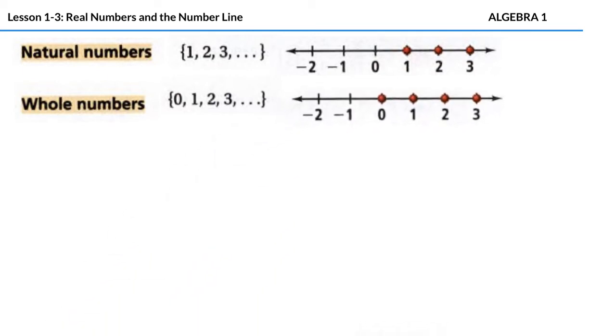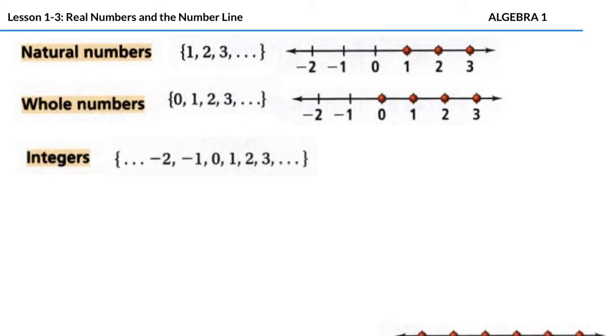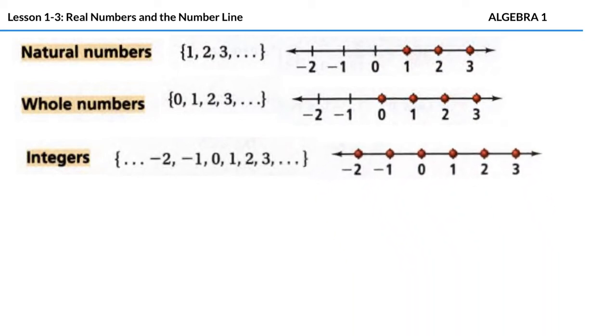And what about integers? Integers are numbers that are both negative and positive, and 0. And you mark it on the number line in this way. So these are the subsets of rational numbers.